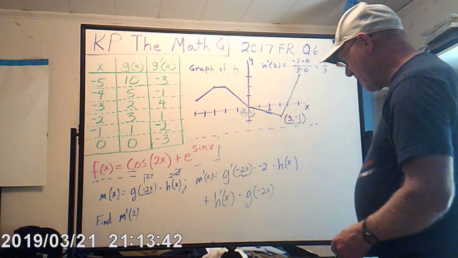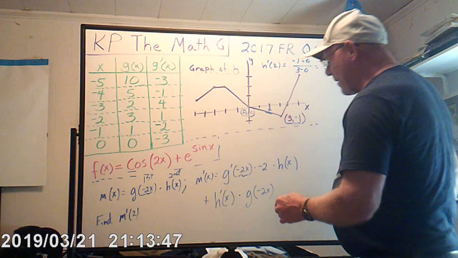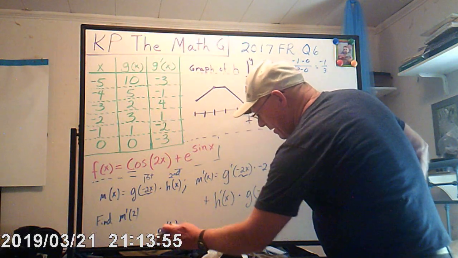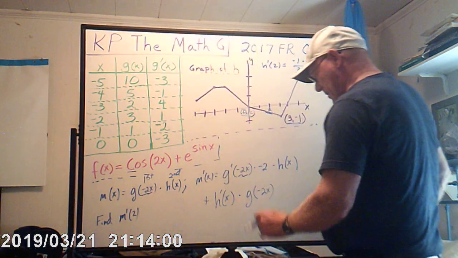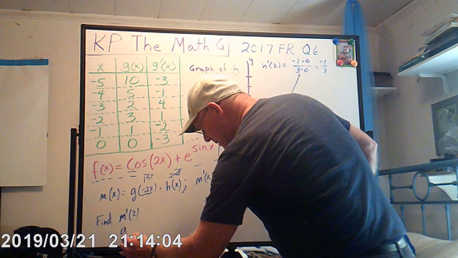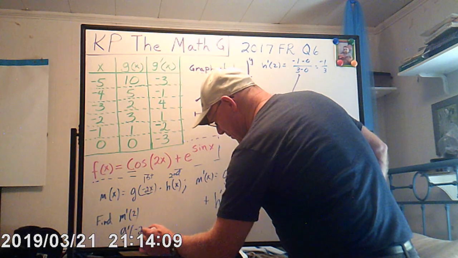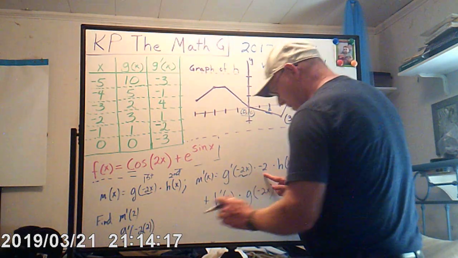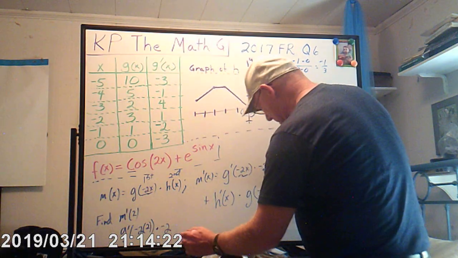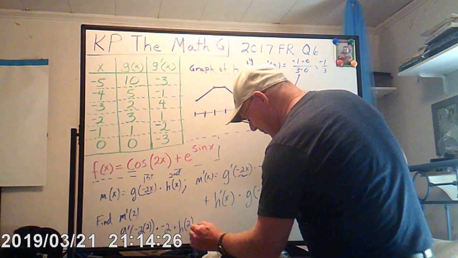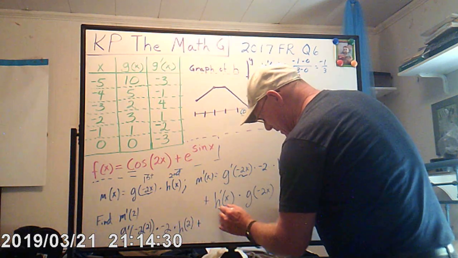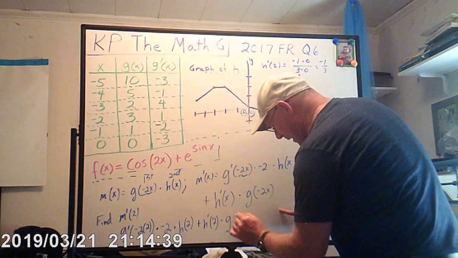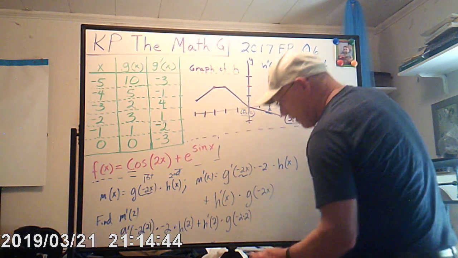Now we can plug in m prime at 2. It equals g prime at negative 2 times 2, plugging that in now, times negative 2, times h at 2, we've got to find h at 2, plus h prime at 2 times g at negative 2 times 2, which really is negative 4 here.